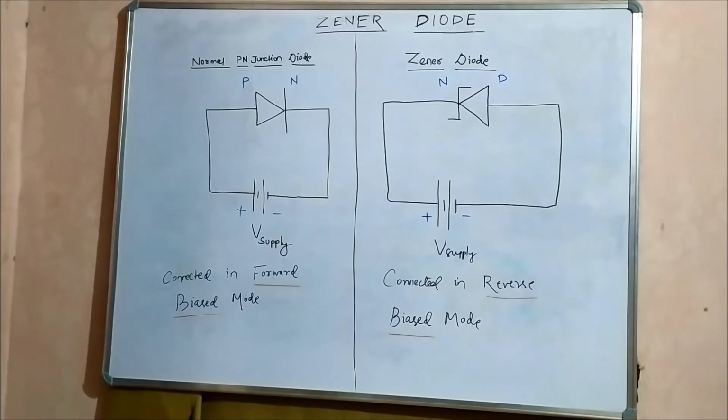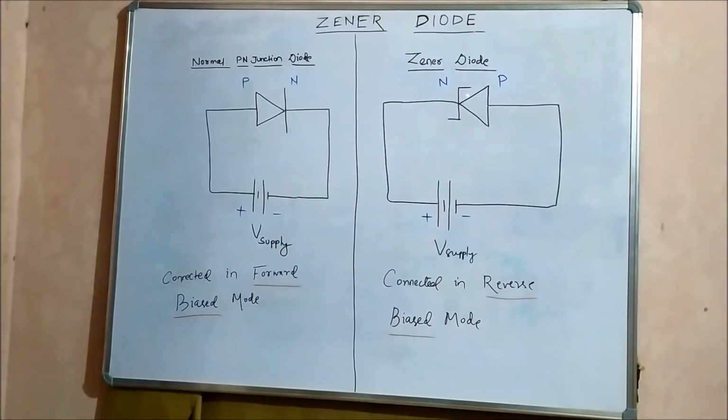Now, the Zener diode. First, the symbol. As you can see, it also has a normal arrowhead as that of a p-n junction diode, but here the n-type end is a Z-shaped symbol, which indicates that it is a Zener diode.